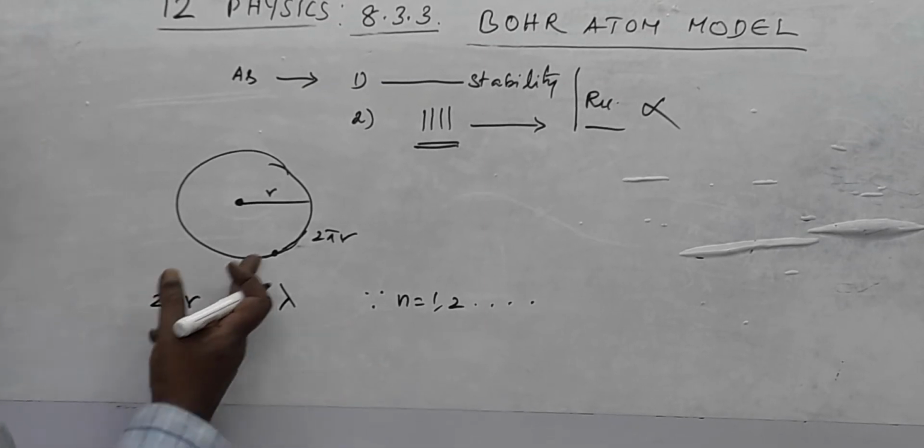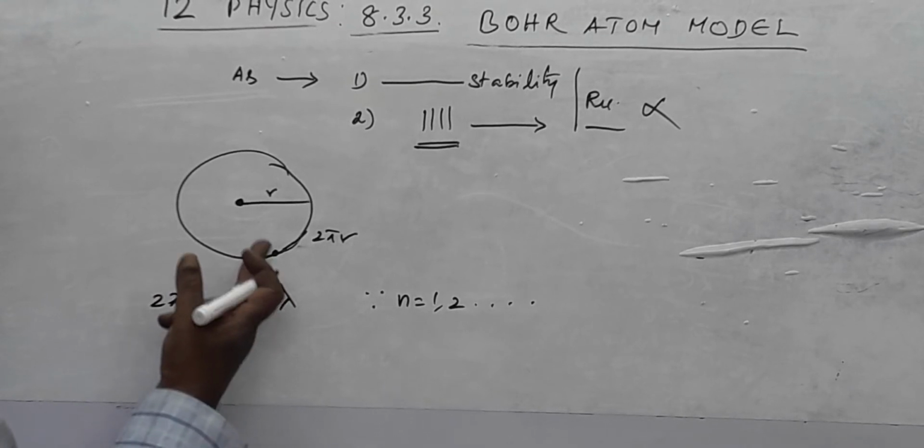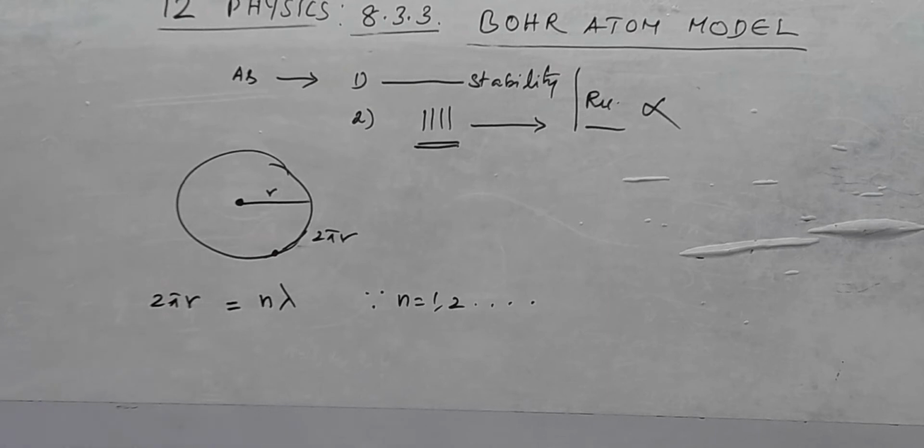In such a way, the orbit must be there around the nucleus. That's a very important concept.